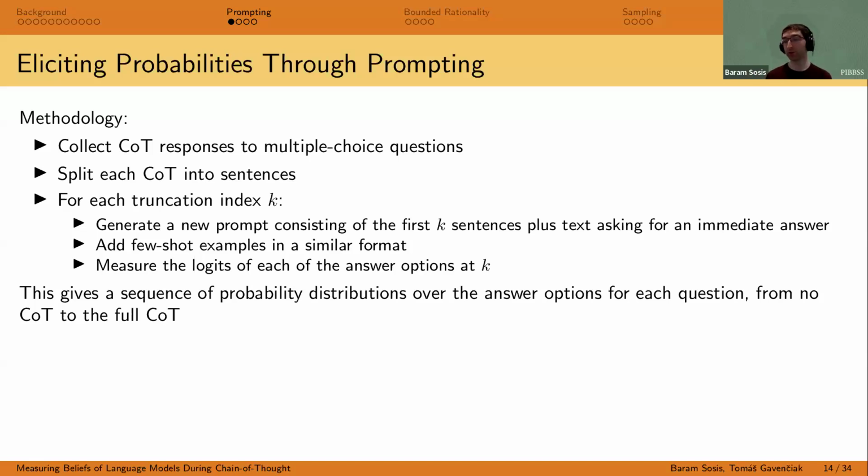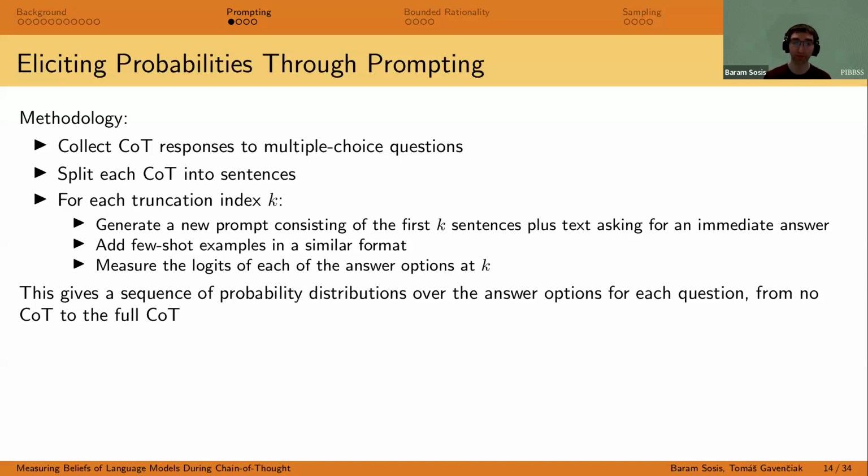You could also split them up by every 10 tokens or whatever, but splitting into sentences is a nice logical division of the chain of thought. Then at each sentence break, at each point where you split the chain of thought, I'm going to generate a new prompt where we give it the partial chain of thought and then ask the model for the answer immediately.